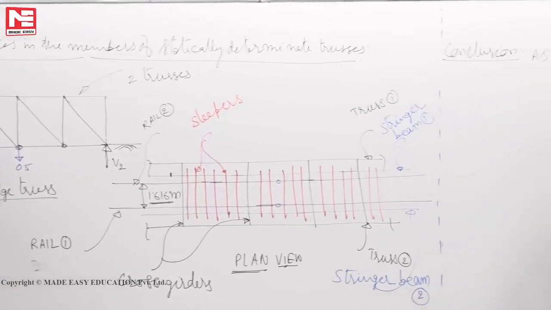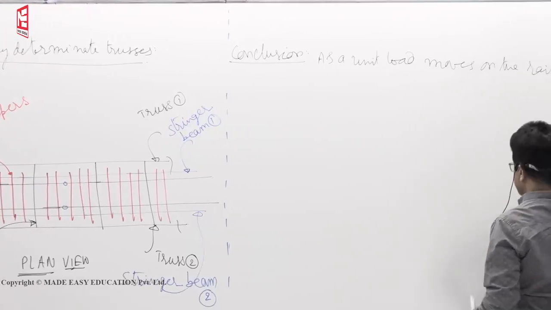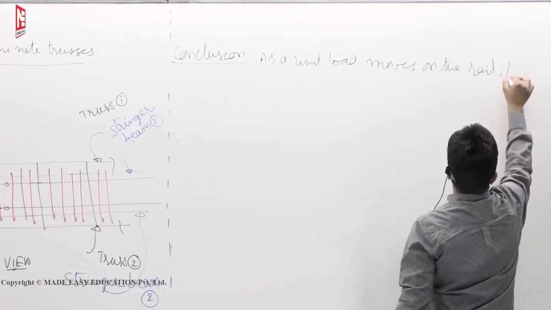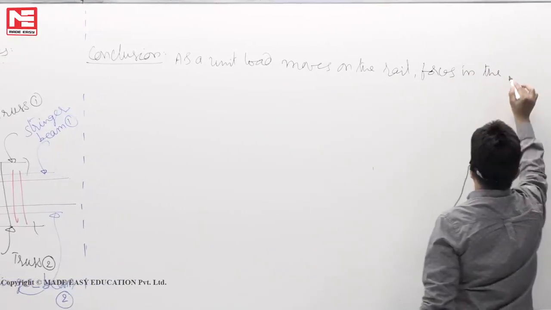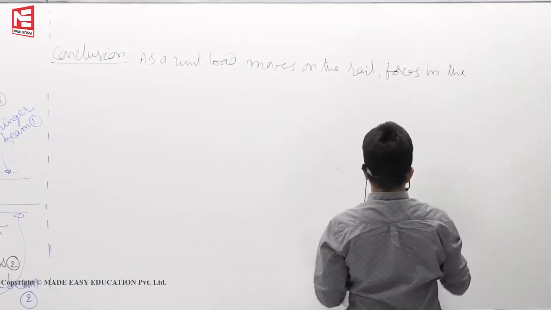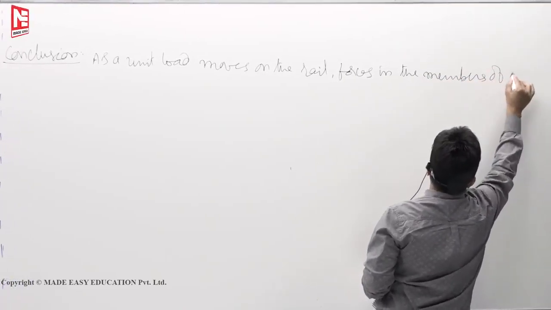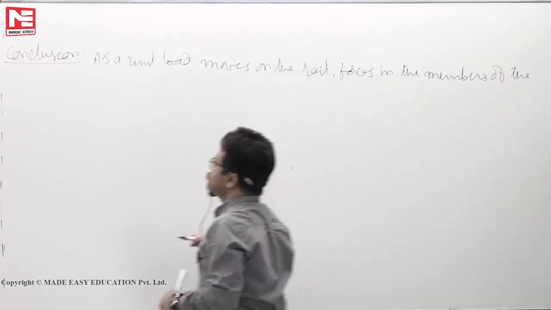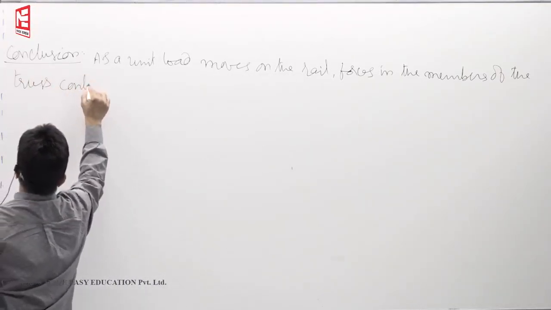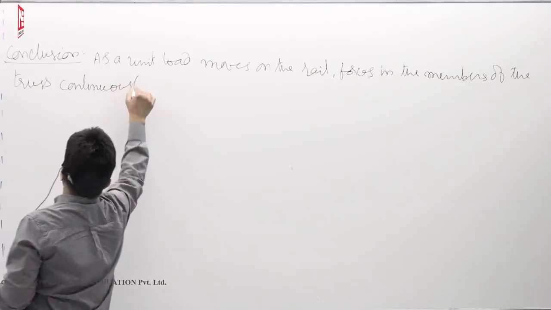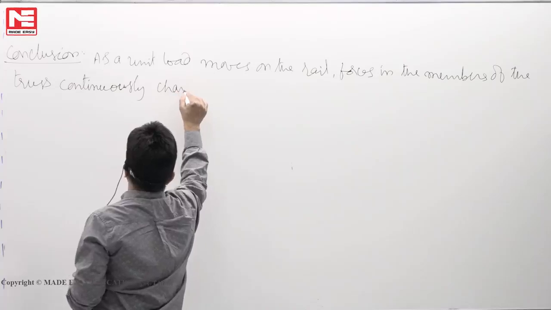As a unit load moves on the rail, the forces in the members of the truss continuously change.